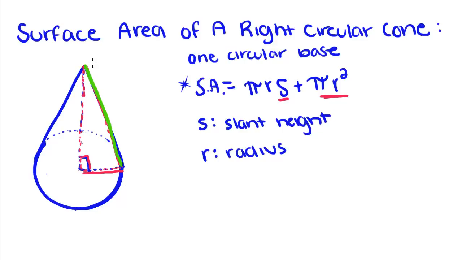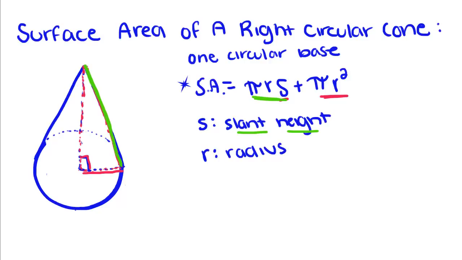Normally we use a perpendicular height, but for this we don't; we use what's called the slant height. And of course r is the radius. So this part is how we find the area of the cone shaped part.